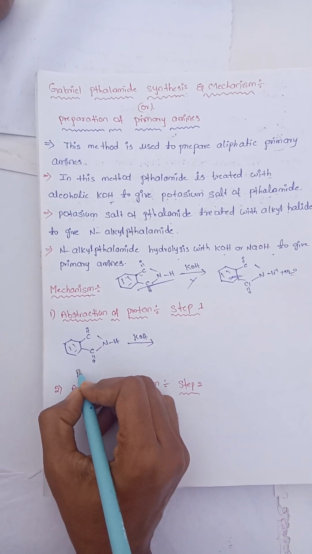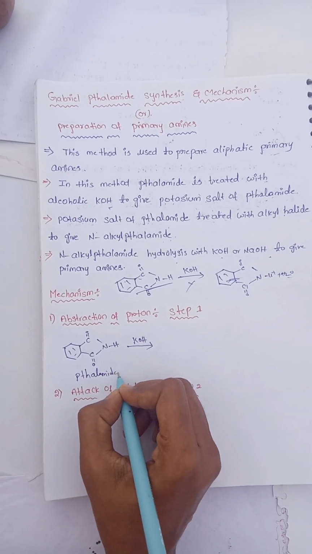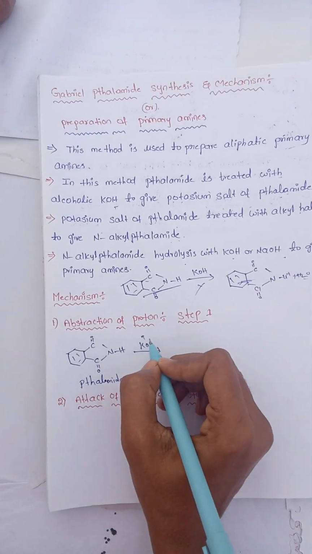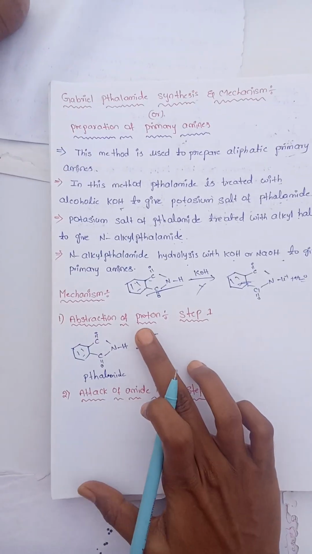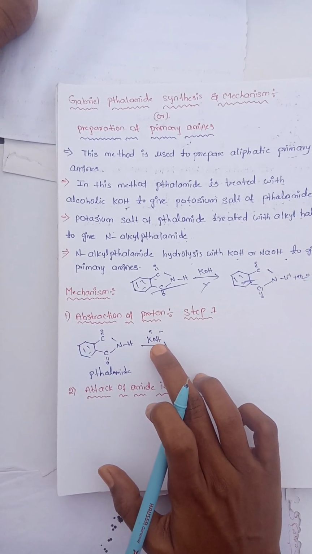This is the phthalimide, and it reacts with KOH, where K is plus and OH is minus. Step 1 is abstraction of proton.